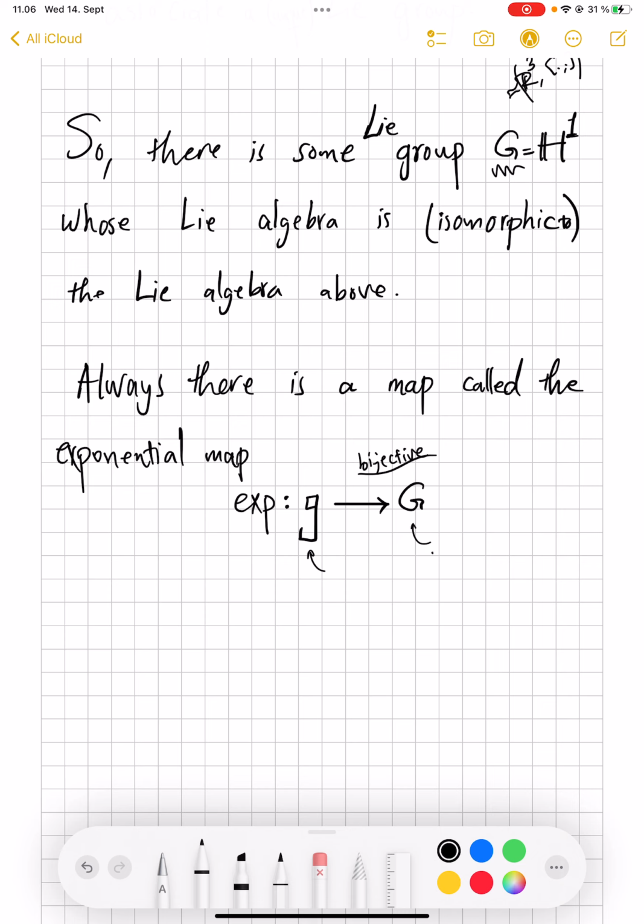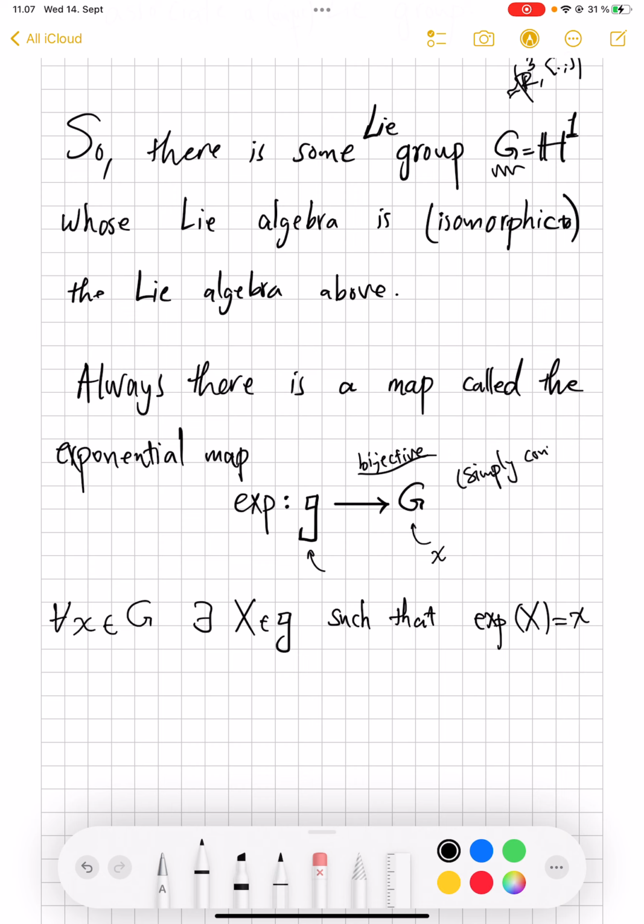For every element in the group, let's say little x, there exists some capital X in the Lie algebra, a vector, such that the exponential of capital X is the little x. So we are in the world of simply connected Lie algebras. This exponential map itself is also unknown to us at this moment with this abstract setting.